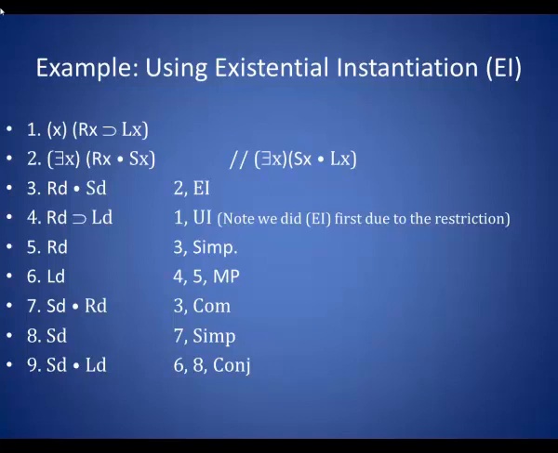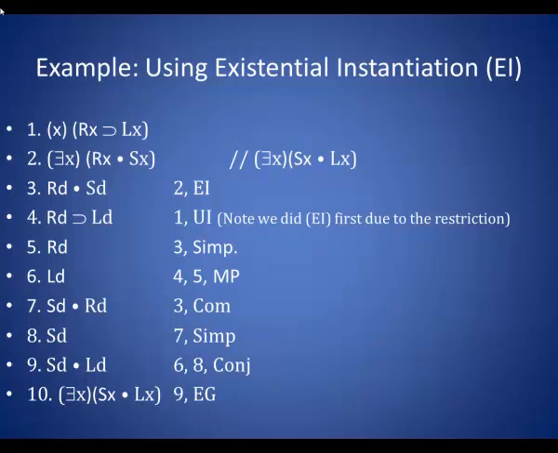Now, in order to finish this, I'm going to have to use EG. So I will now attach the E, or the existential quantifier, to line 9, and I will change my constants to the variable that is in my quantifier.